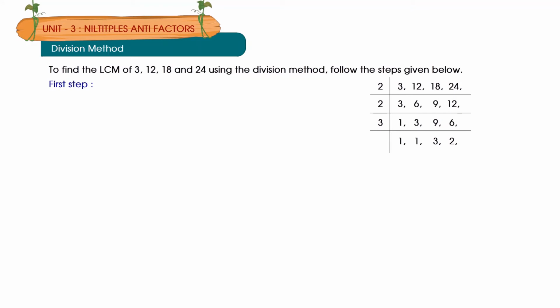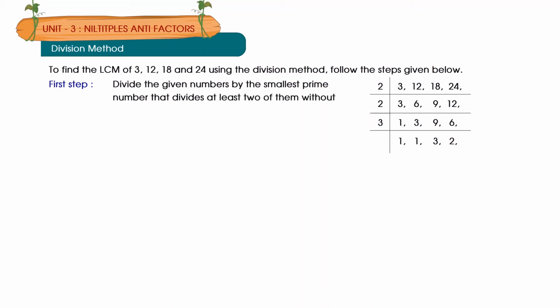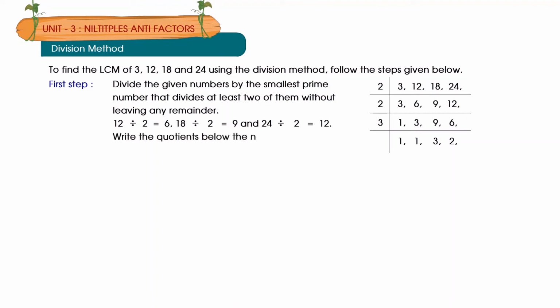Divide the given numbers by the smallest prime number that divides at least two of them without leaving any remainder. 12 divided by 2 is equal to 6. 18 divided by 2 is equal to 9. And 24 divided by 2 is equal to 12. Write the quotients below the numbers and bring down the number which is not divisible.